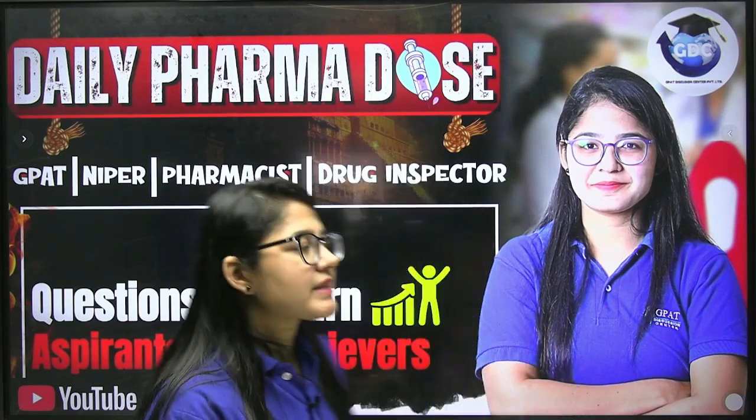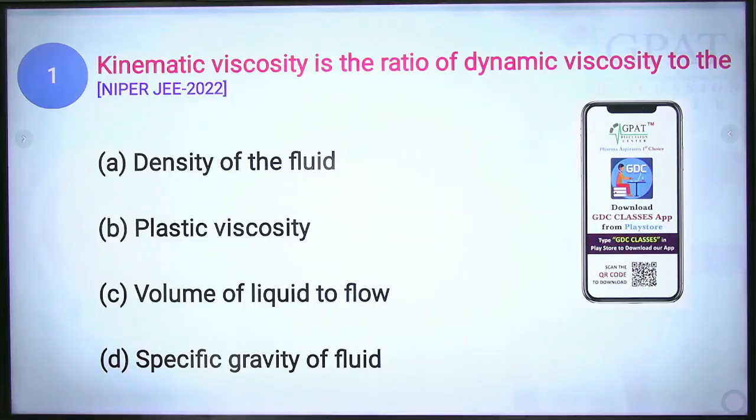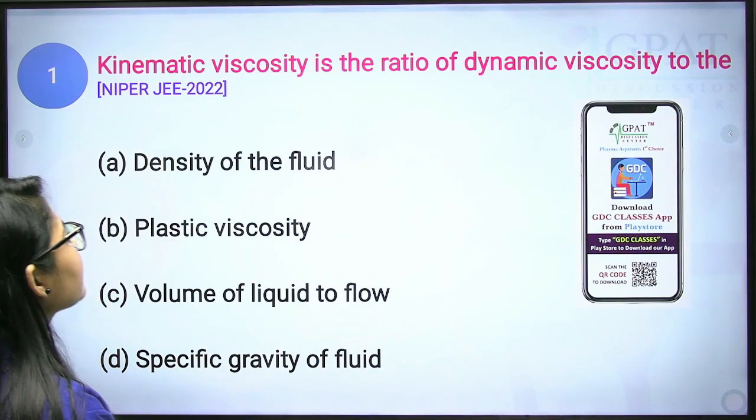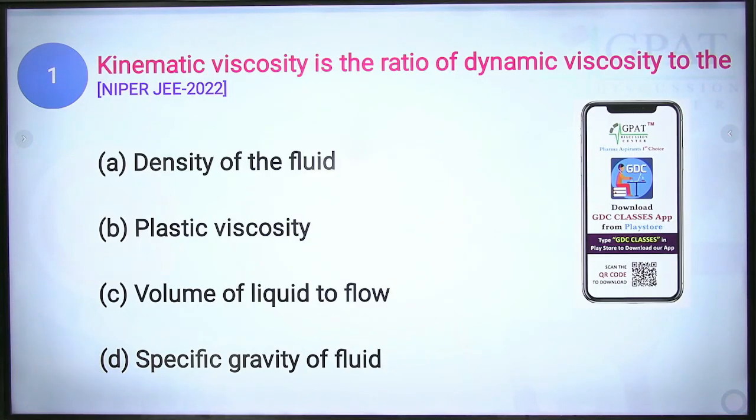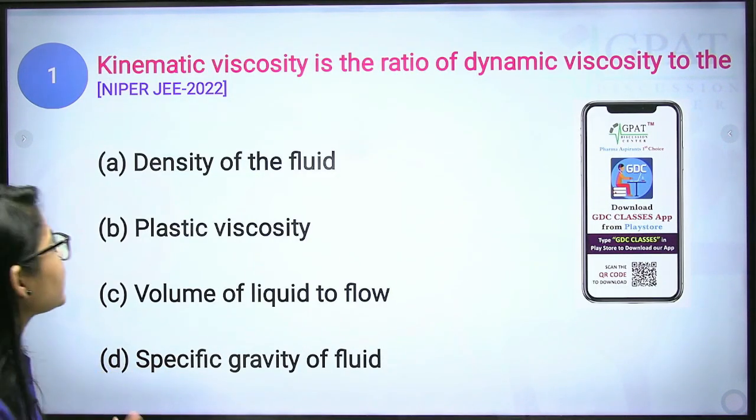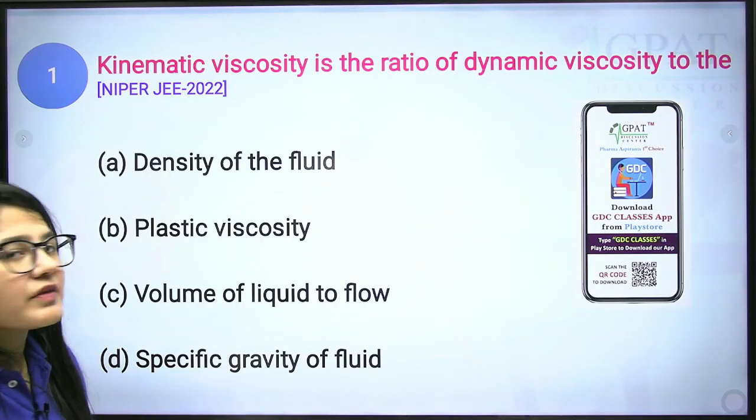So let's start our session with the first question: kinematic viscosity is the ratio of dynamic viscosity to the what? This is a previous year question from NIPER JEE 2022. What is kinematic viscosity?